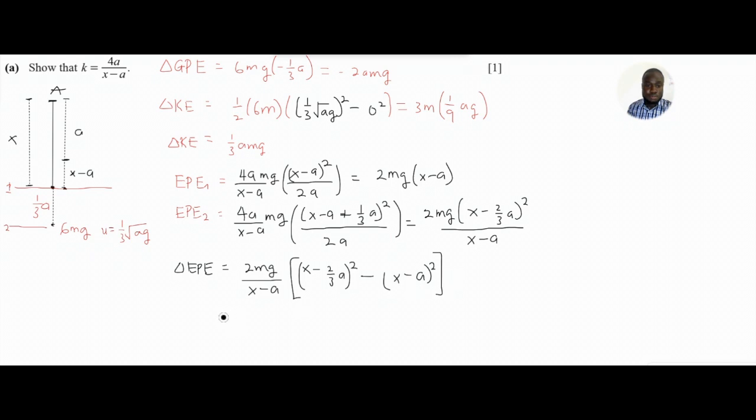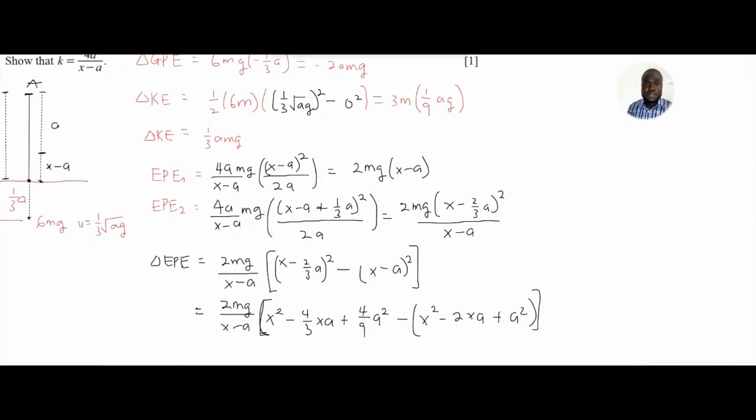This simplifies to, you can further simplify this bracket and have the x squared and the x squared will go away, and negative 4 over 3 minus negative 2 gives us 2 over 3.